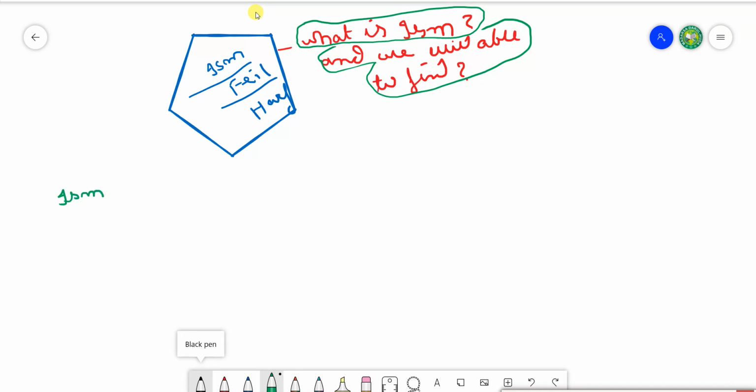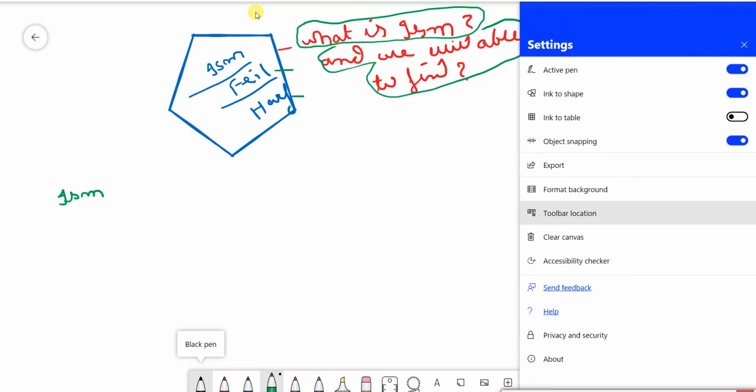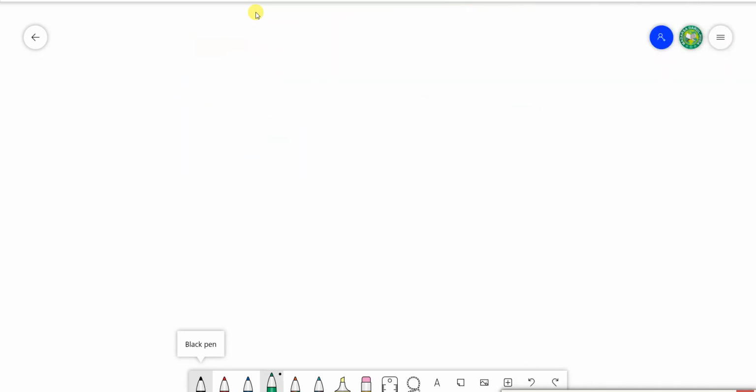And if we are asking the question about ism, then let's ask the same question about fail also, as well as the harf. So let's find out the whole question in one way. What is ism, fail and harf, and how are we going to find out which word is ism, which word is fail and which word is harf. So let's find out.